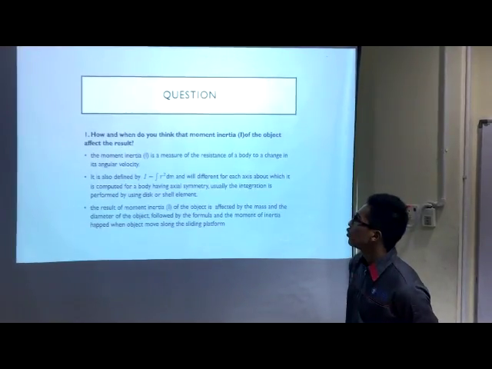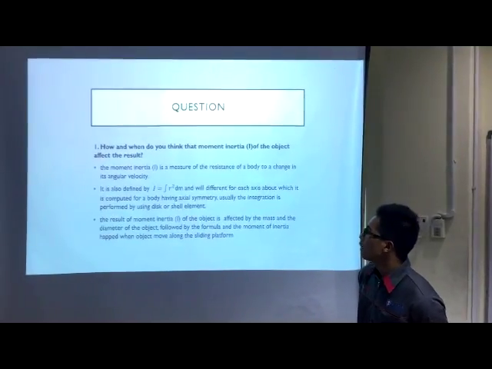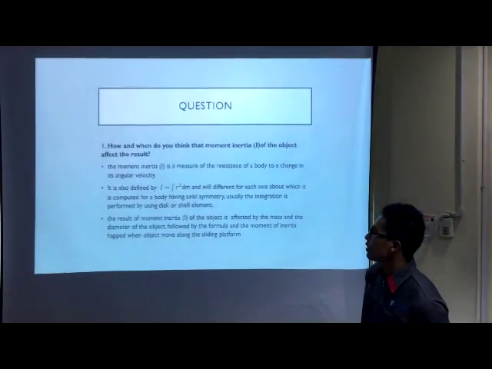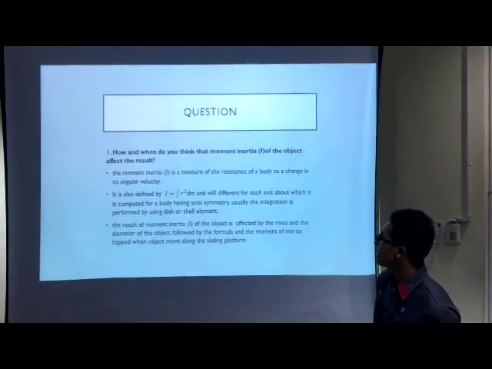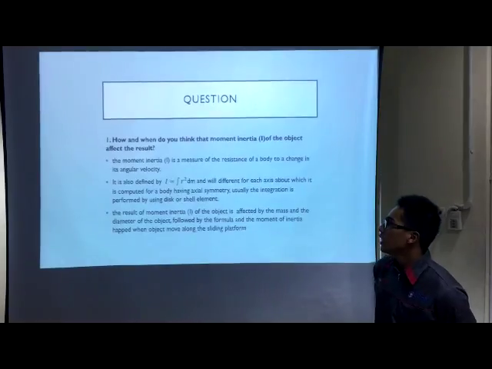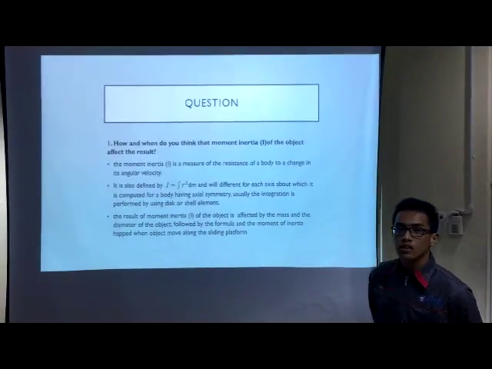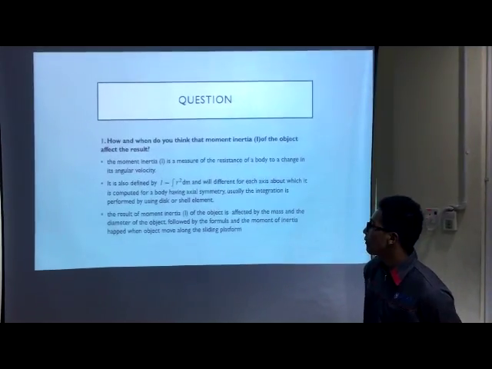Okay, now I would like to present the questions of our project. First, how and when do you think that the moment of inertia of the object affected the result? Firstly, the moment of inertia is a measure of the resistance of a body to a change in its angular velocity. Moment of inertia can also be defined as I equals the integral of r² dm.